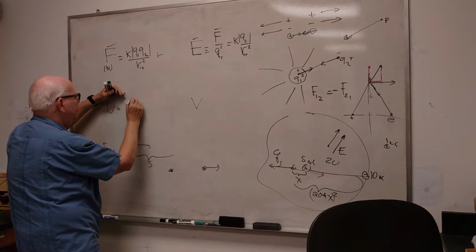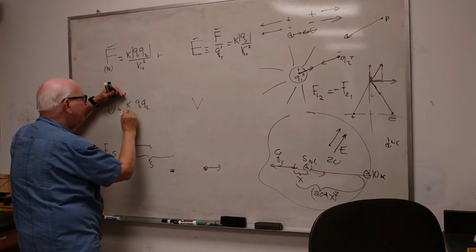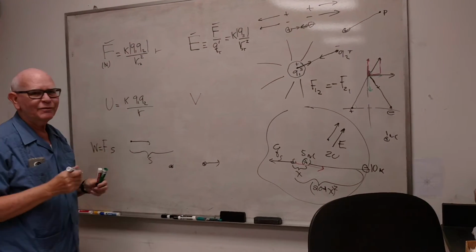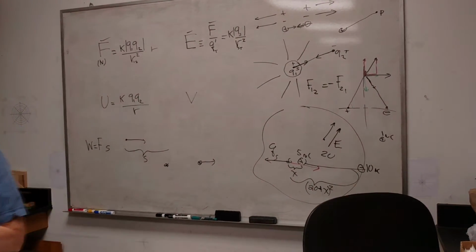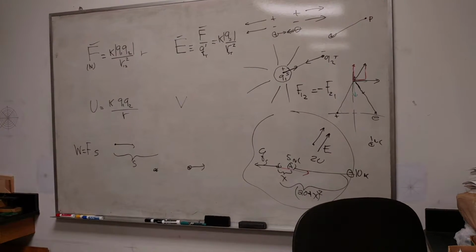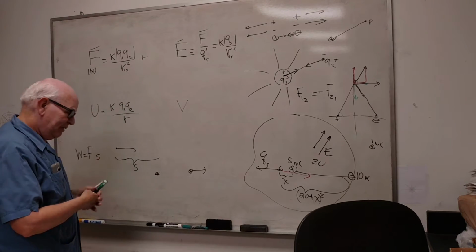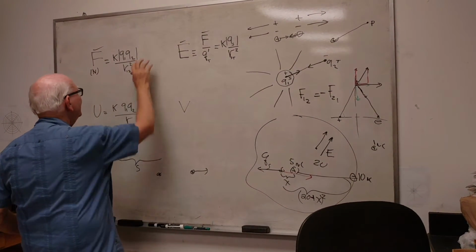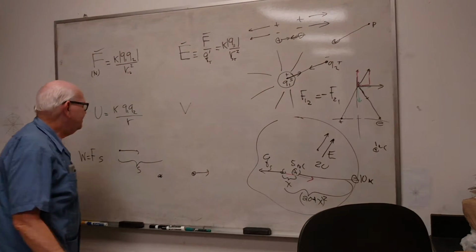So K, Q1, Q2, both charges, divided by R to the first power, because this cancels one. So the energy is just divided by R. I know this is heresy. I cannot do that, I have to integrate. But it happens that the result is as if you had multiplied the force by a distance, period.